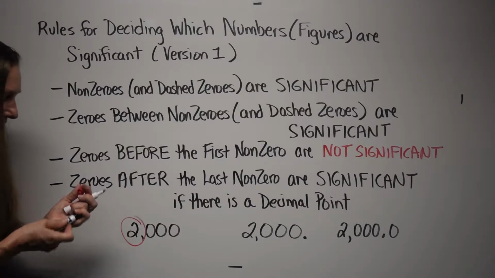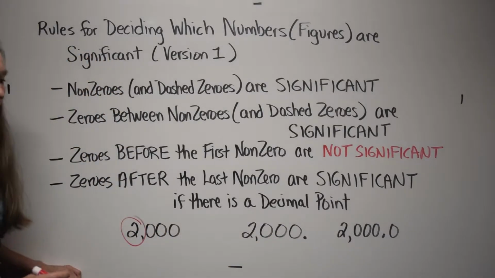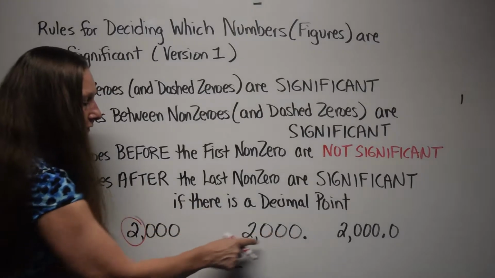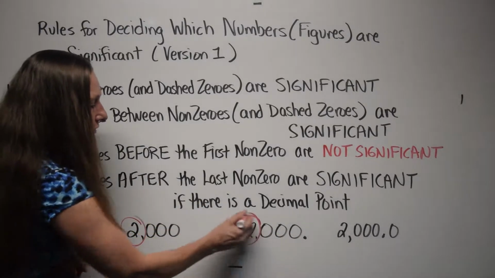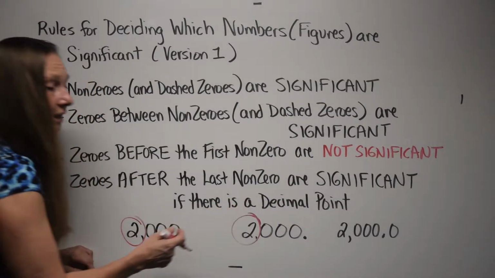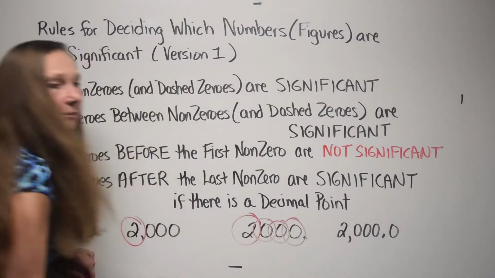Now, this is the same number, 2,000, but there is a decimal point. So that's when this comes into play here. Zeros after the last non-zero, this 2 is the first and last non-zero, it's the only one, and because there is a decimal point, all of these zeros now become significant.